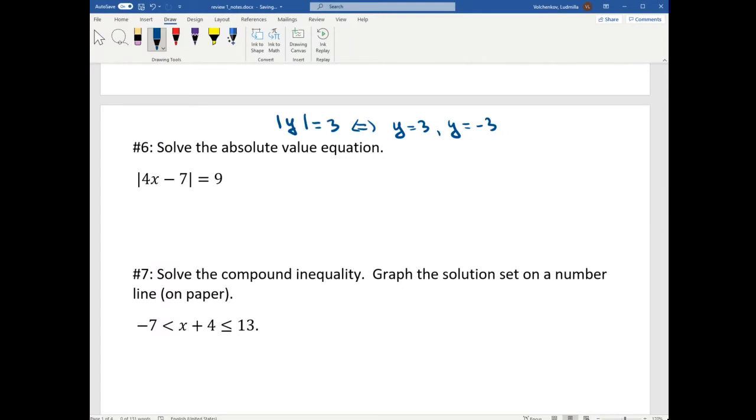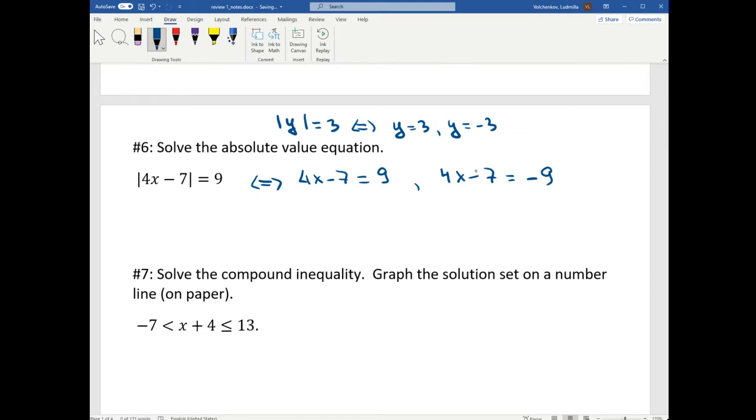The same for this equation. If |4x minus 7| equals 9, it means that 4x minus 7 can be equal to 9, or 4x minus 7 can be equal to negative 9. We solve two equations and get two solutions.